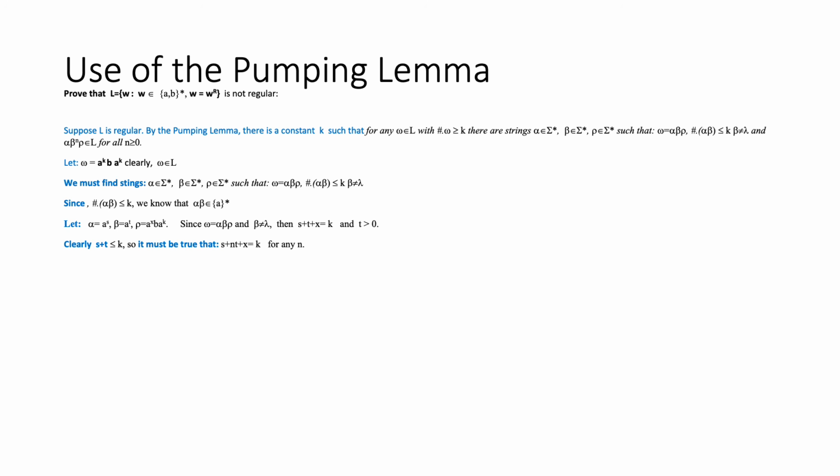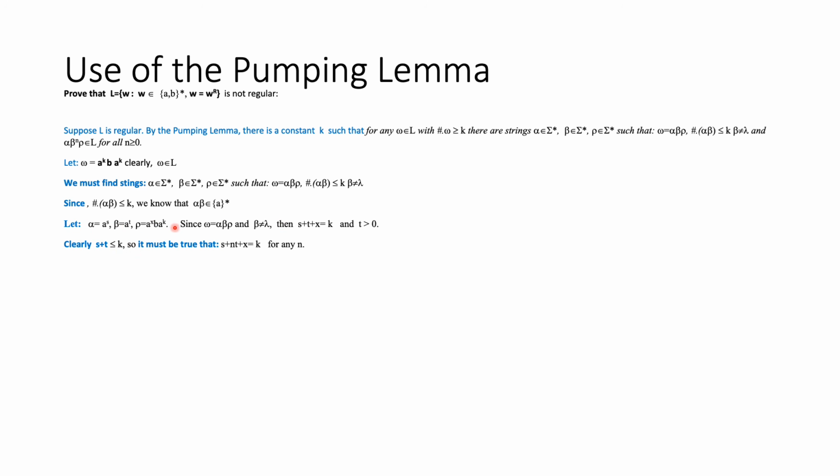So then I can state that alpha is equal to S A's, beta is T A's, and since there are some A's left over, then I would have X A's followed by B followed by K A's. The condition for it to be a palindrome will be that S plus NT plus X is equal to K.